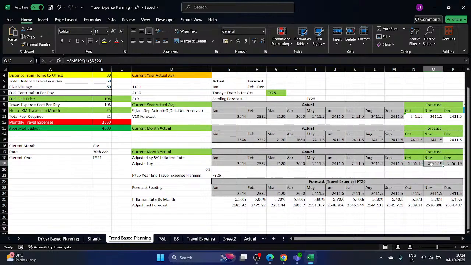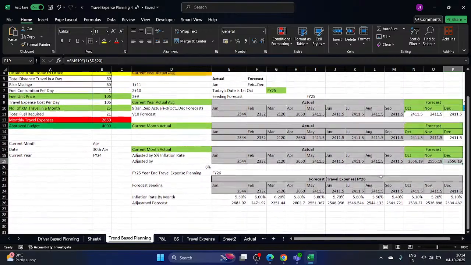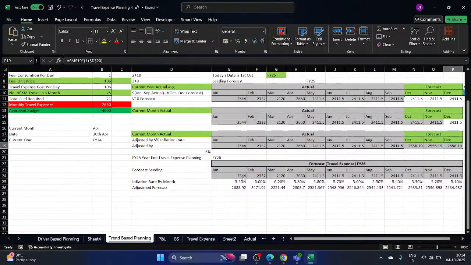And the same formula we will apply here and there. On the basis of it, we can get the resultant figure. Now we have to see the forecast.